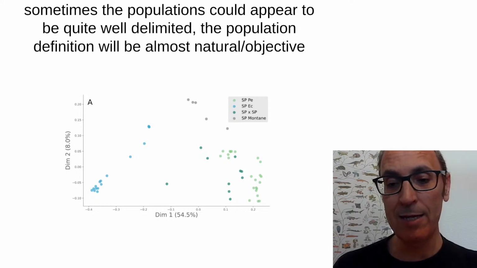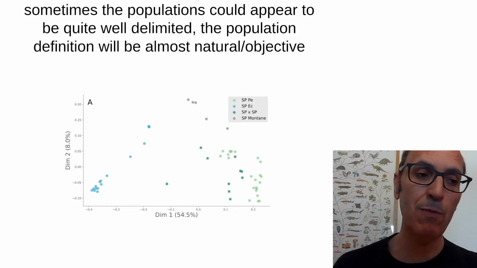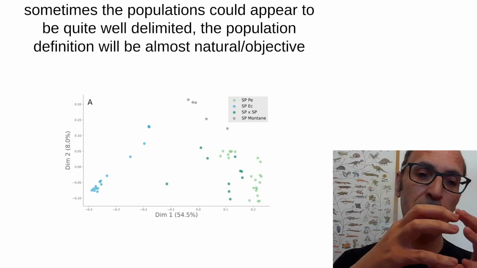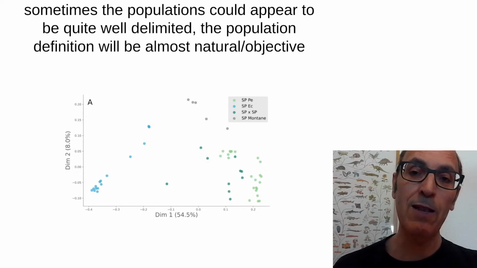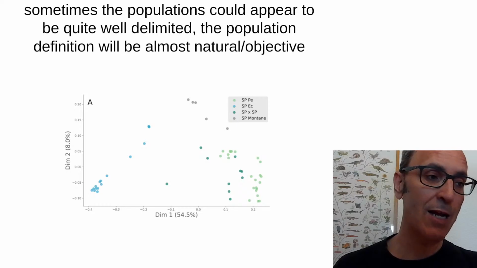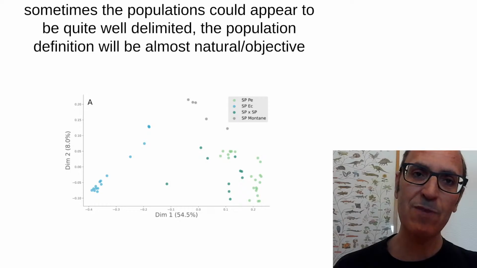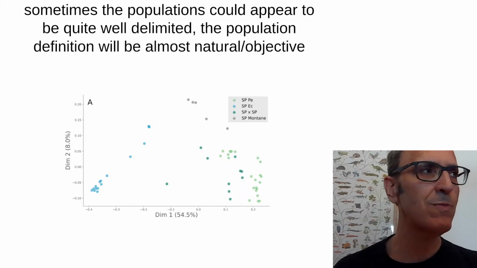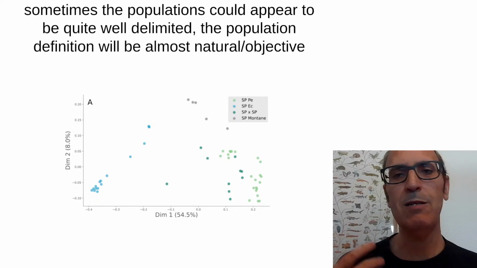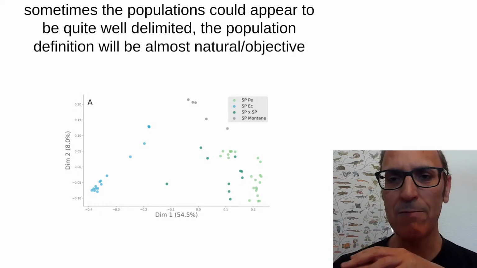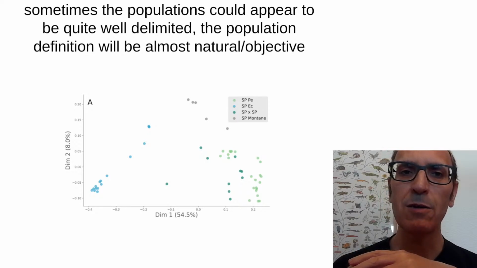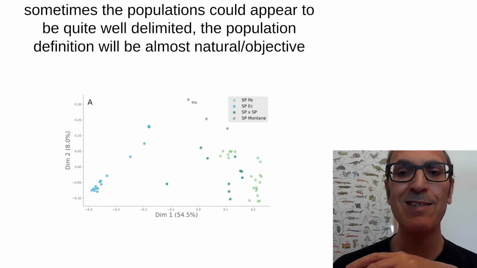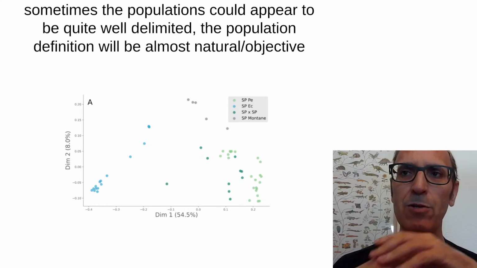Maybe, like in the example with people, within the Spanish population there's substructure, okay? But at least you can define your structure. If you have this kind of clear clusters, then your classification will be almost natural, okay? It's natural to choose that, and that means that it will be quite objective. By objective I mean that two different researchers would have chosen more or less the same individuals in the same populations.